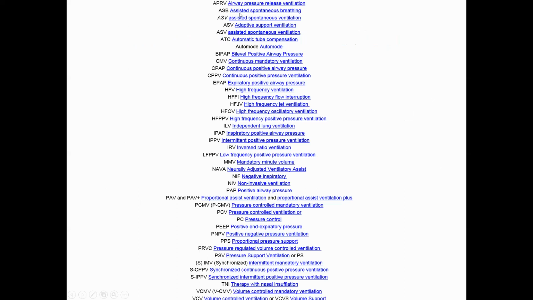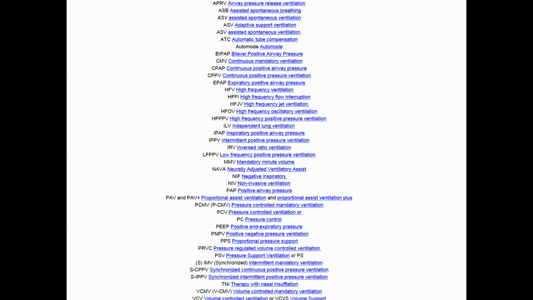This is the number of modes that have been reported in the literature. In reality, each company that makes a ventilator wants to sell you that theirs is the best thing ever. Bottom line, there is no comparison, so you cannot say which mode is better than the other, or which ventilator is better than the other.